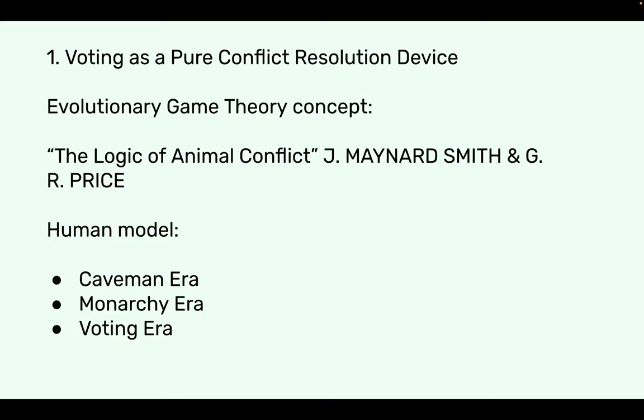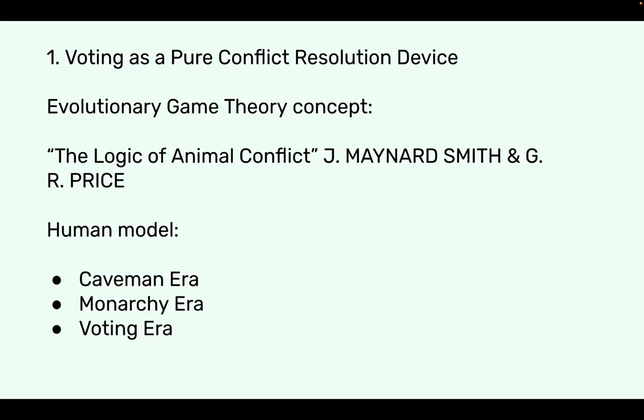But if not, it's just by brute force. In a way, implicitly, it is imposed by brute force, because just by being the stronger one means that the weaker ones are not going to try to fight, because it would be too costly for them.